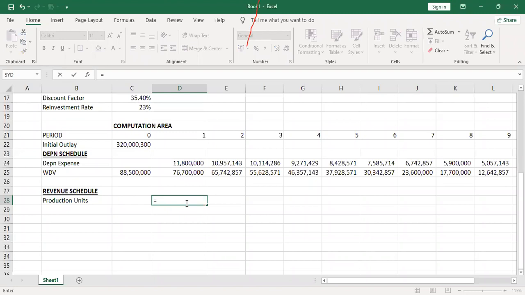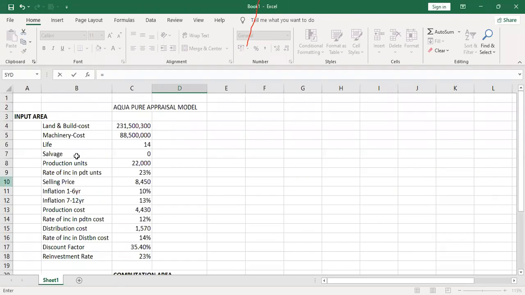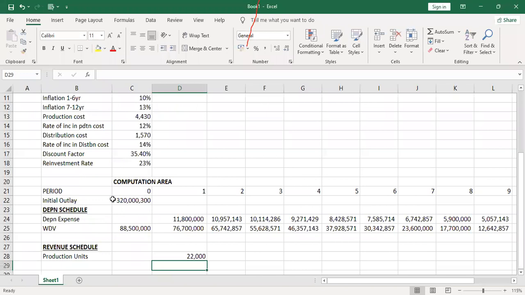Production units, then press the cursor under period one, press equals. Go and click on the production units from the input area, which is 22,000, and then press enter. So in simple terms, I've picked the production units from the input area to the computation area.